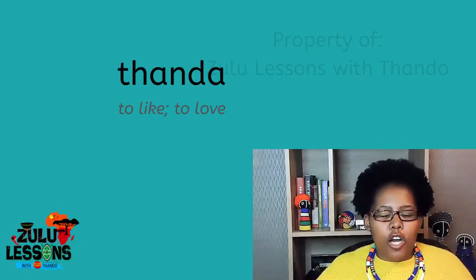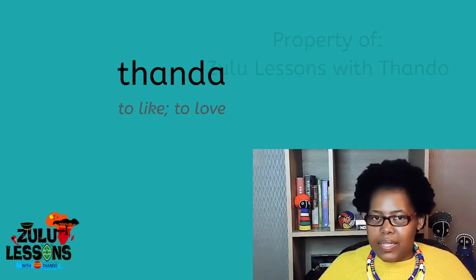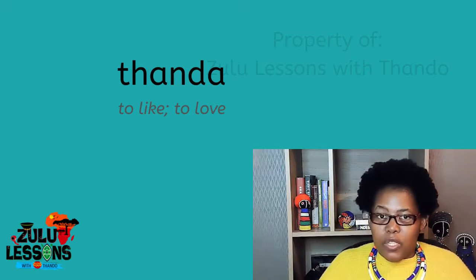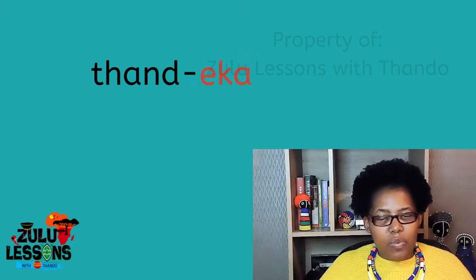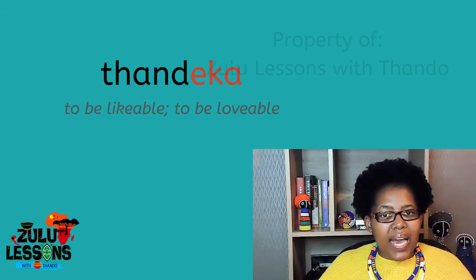Let's take a verb like thanda. That means to like or to love. Now let's remove that last A and replace it with the suffix eka. Now we have thandeka.